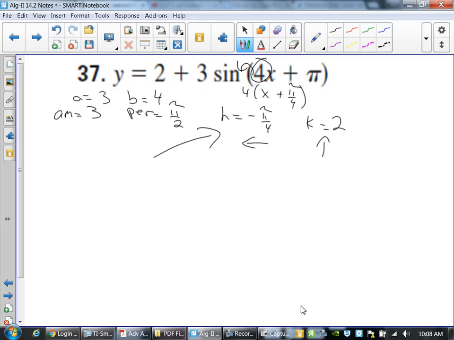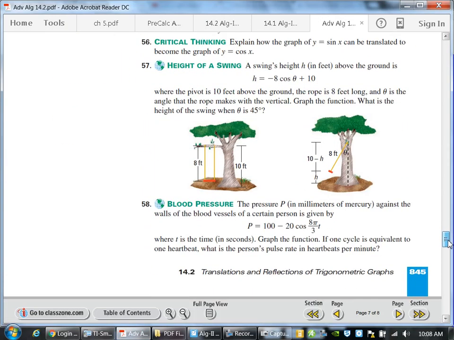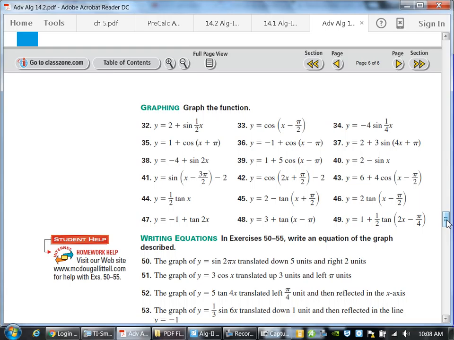Let me give you some problems. What page is it? Page 845, 14.2.